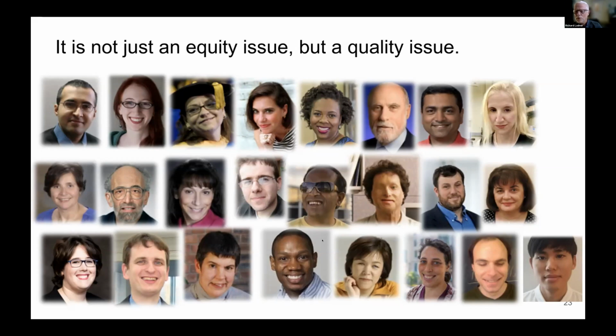And another one there just got a MacArthur Genius Award last year. Josh Miele, who's on the second row, third from the right. And so anyway, it's not just an equity issue, it's really a quality issue. These are people we need in our field. And so I think that's the way to think about including people with disabilities in computing fields in K through 12.